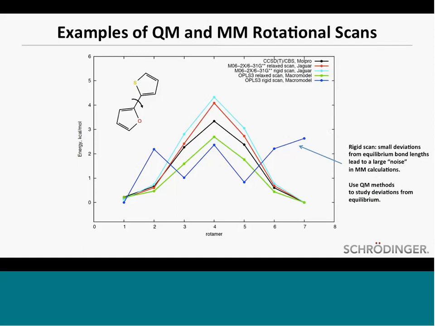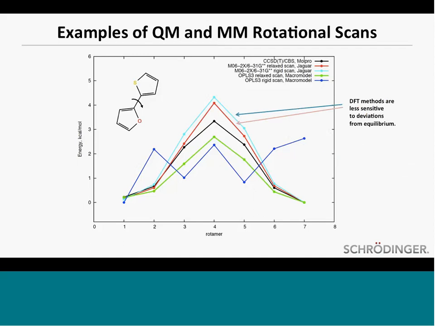However, when we do a rigid scan, that is, we go around that dihedral and simply take the single point energy at each point, do not do a relaxation at that stage, everything does not go so well. And the reason for that is molecular mechanics basically falls apart when you're studying non-equilibrium geometries. So in this case, you may elect, for example, to look at a quantum method, in this case, DFT.